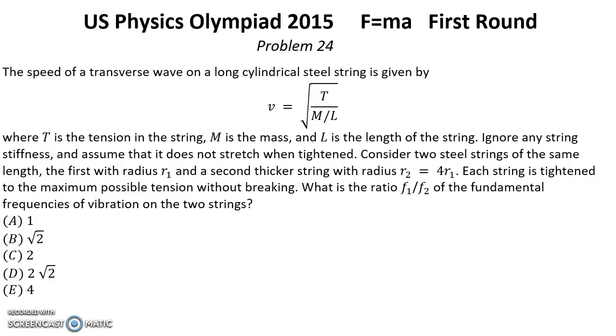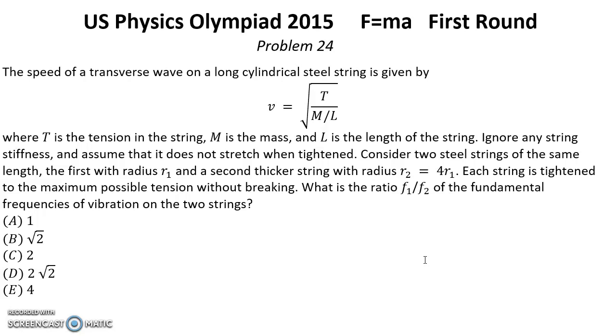Problem number 24. The speed of a transverse wave on a long cylindrical steel string is given by the formula v equals square root of T over M over L, where T is the tension of the string, M is the mass, and L is the length of the string. Ignore any string stiffness and assume that it does not stretch when tightened.